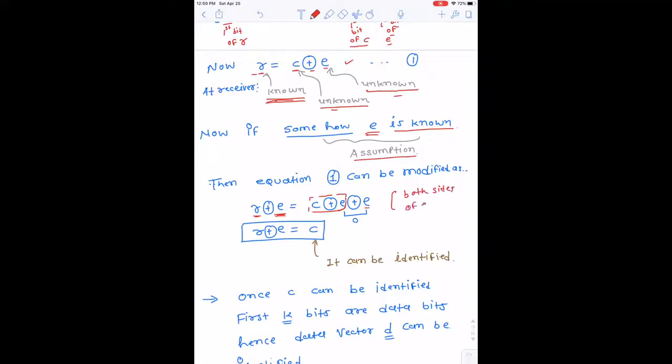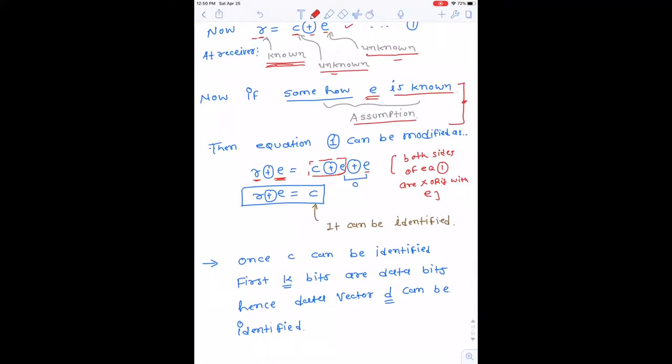Both sides of equation 1 are XORed with E. But this is an assumption. We don't actually have E at this stage, but if E is known and we do the XOR operation on both sides, then E and E would be 0.